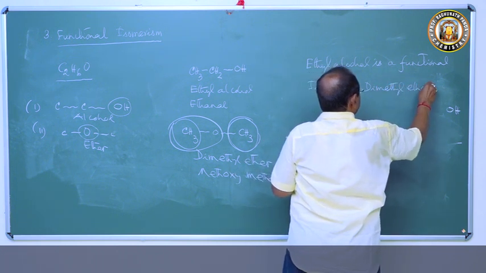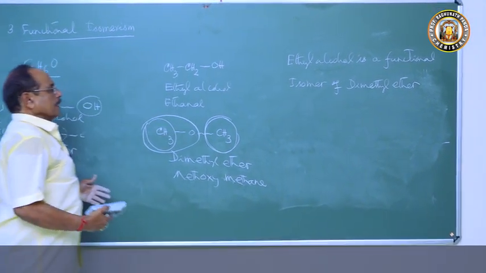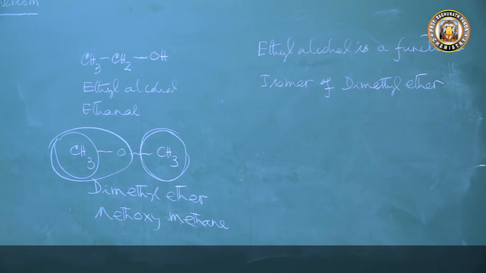Dimethyl ether. Functional isomer of ethyl alcohol and dimethyl ether, they exhibit functional isomerism.